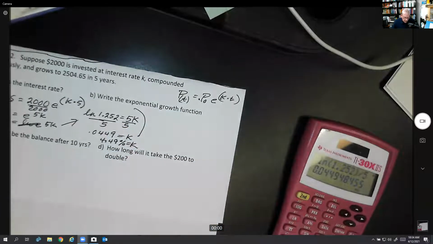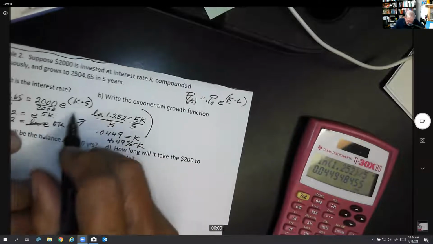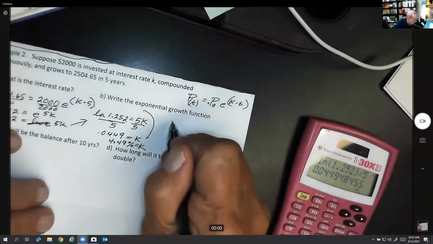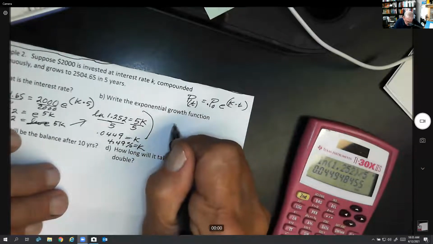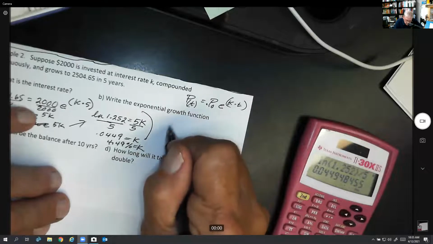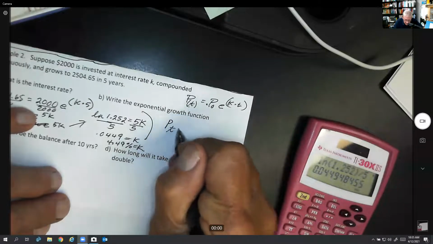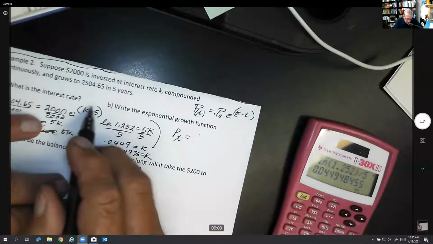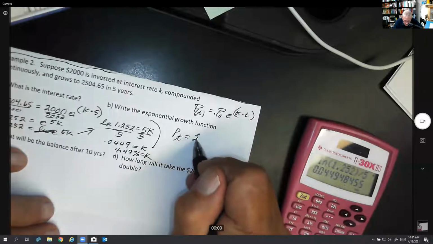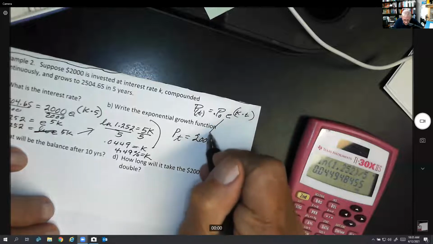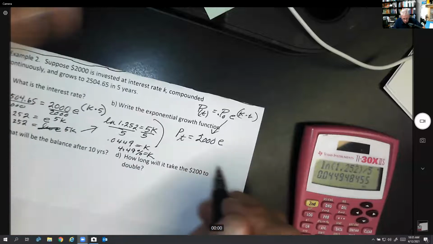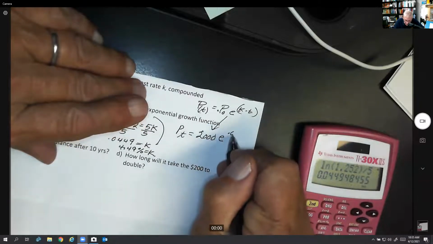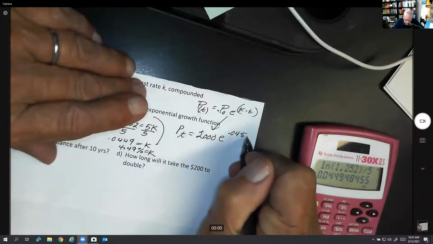Okay, next one. What is the exponential growth function? Well, basically we just used it there. The exponential growth function is P(t) equals P0, which we know is 2000, e, and we just figured out k, rounded off to 0.045, t.